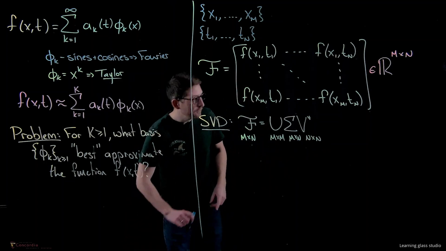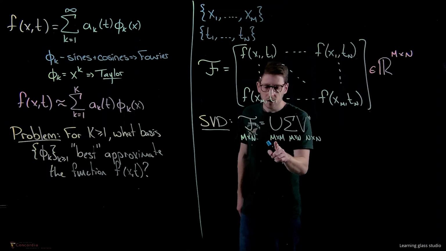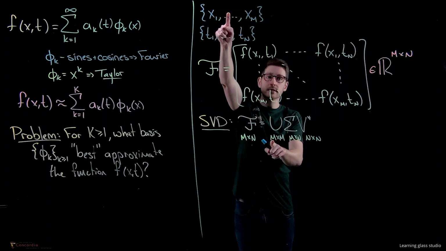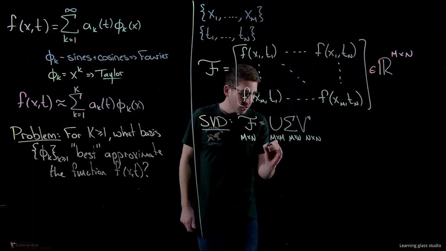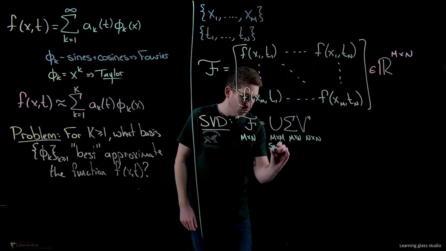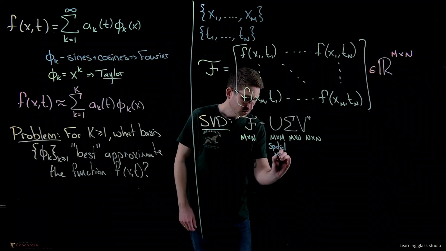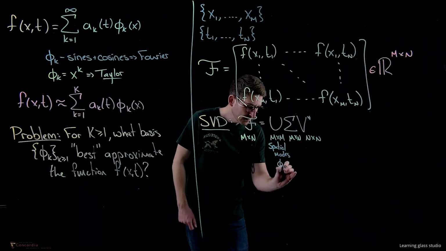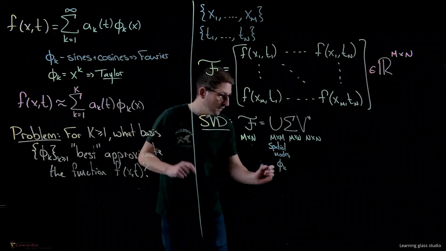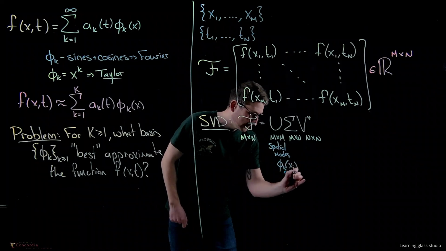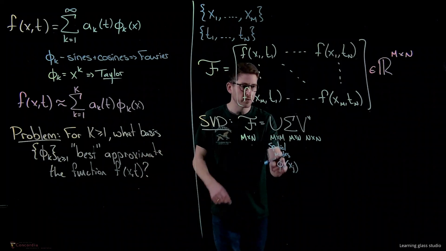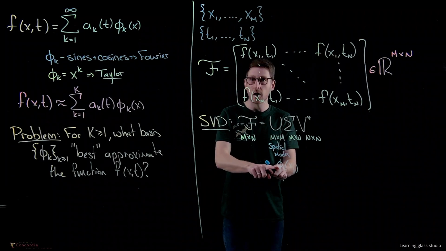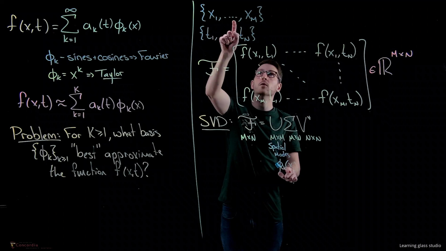Now, if you look at each column of U, it's an m-dimensional vector. M is the same size as the spatial points. These are what are called the spatial modes. And these spatial modes you can think of as being these phi k functions evaluated at each grid point, right? So k here is representing the columns. Each column is the evaluation of a basis function at each one of your spatial points.